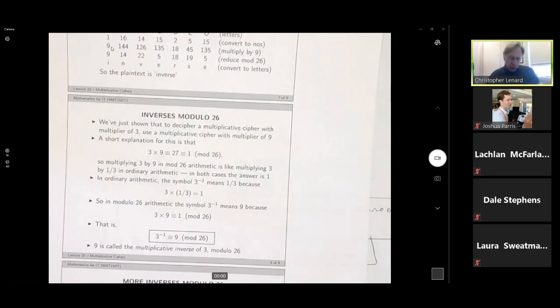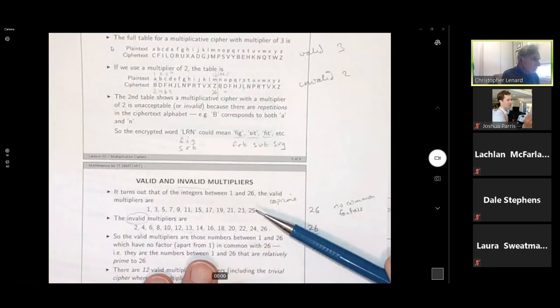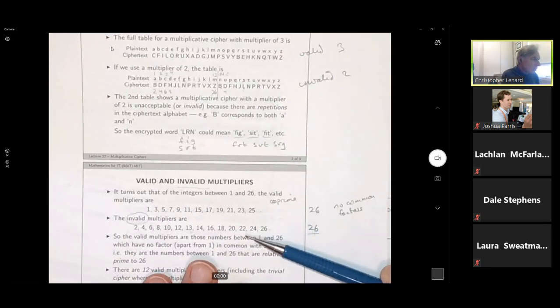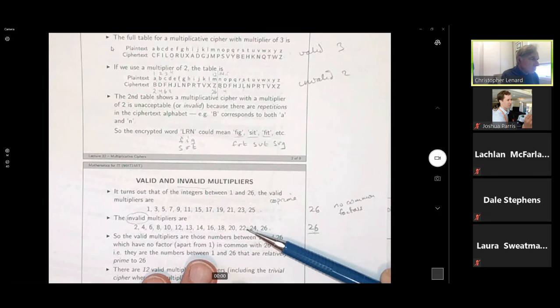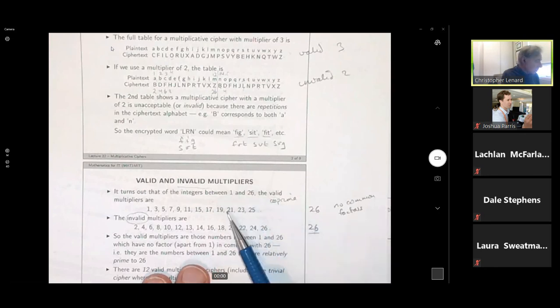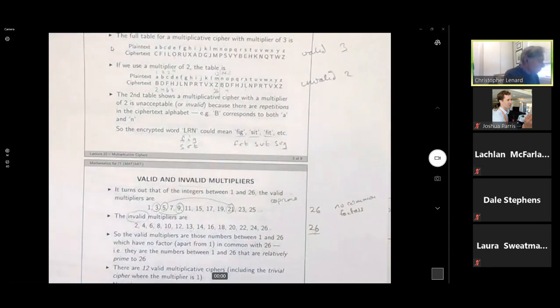And just to finish up here, going back to these, what's valid and invalid? These numbers have inverses, these numbers don't. So 5 and 21 are inverses of each other. 3 and 9 are inverses of each other.